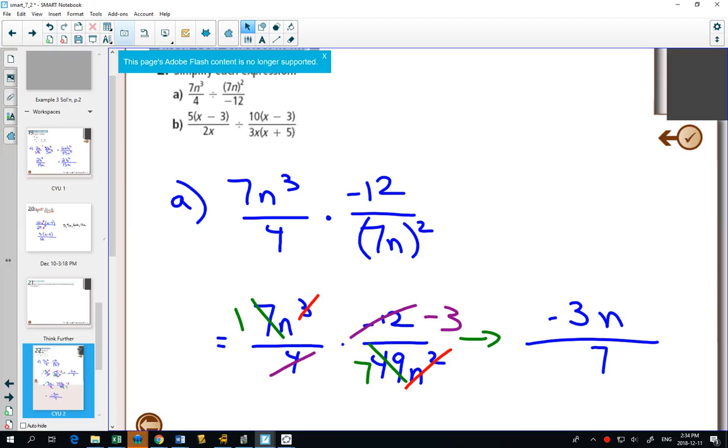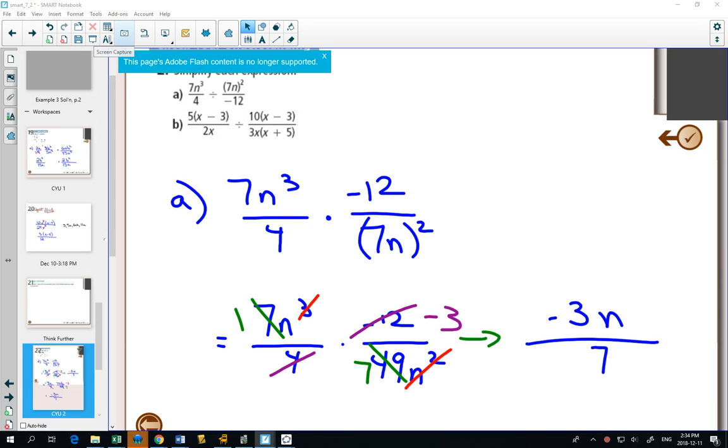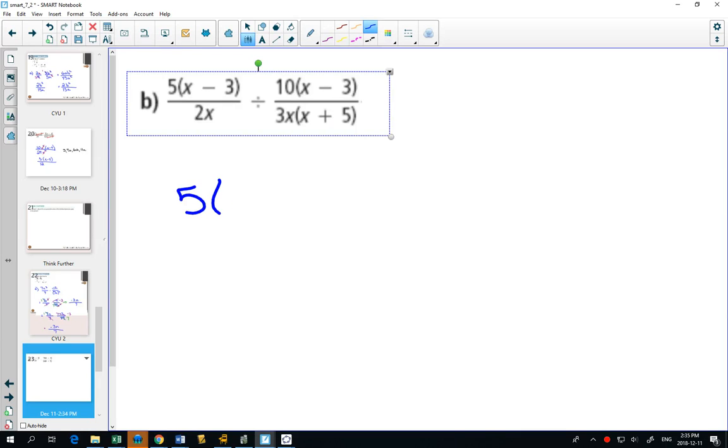Let's look at B. So in B, we're dividing. Whenever you're dividing, the first step is multiply by the reciprocal.